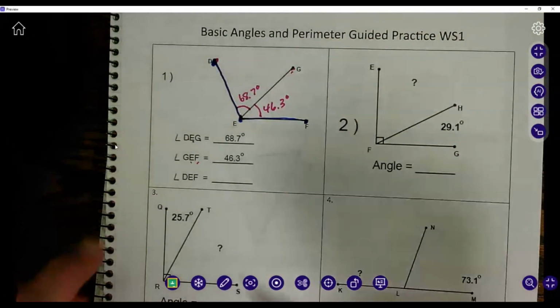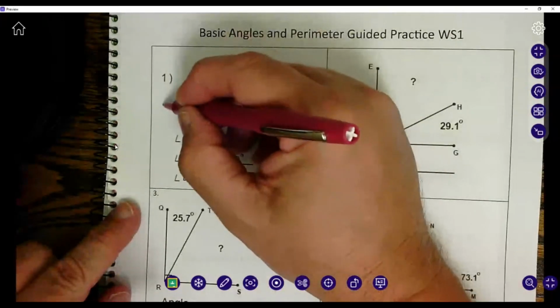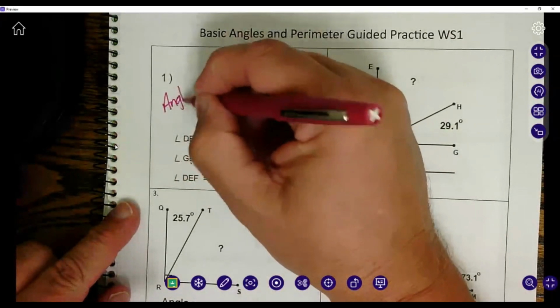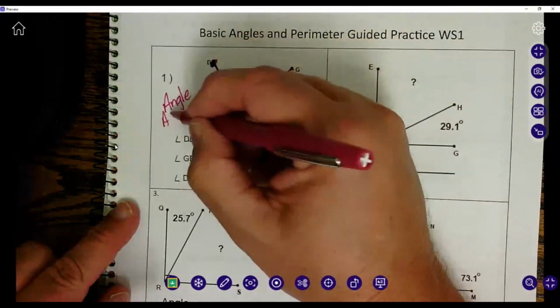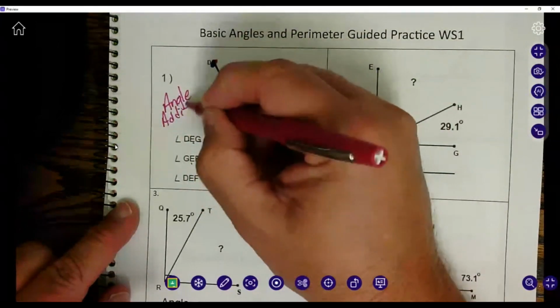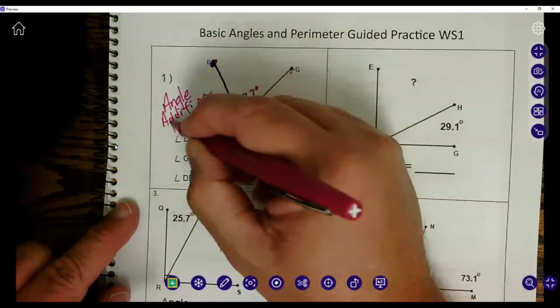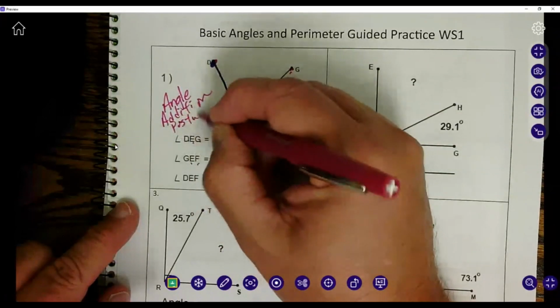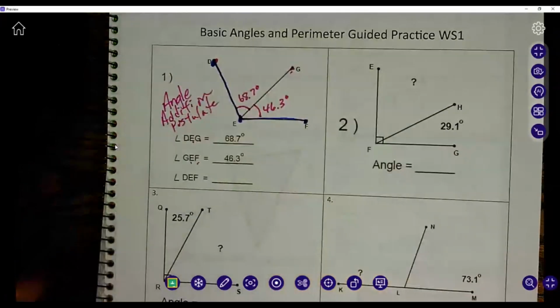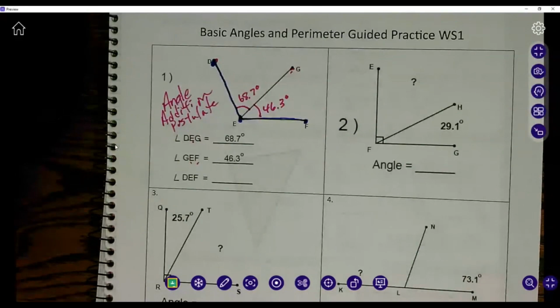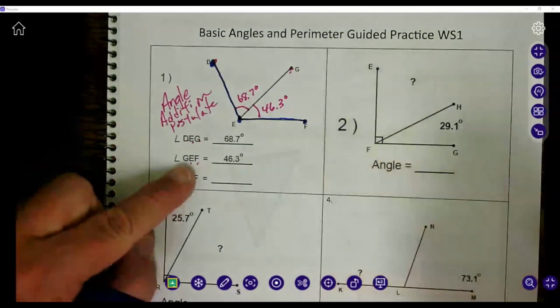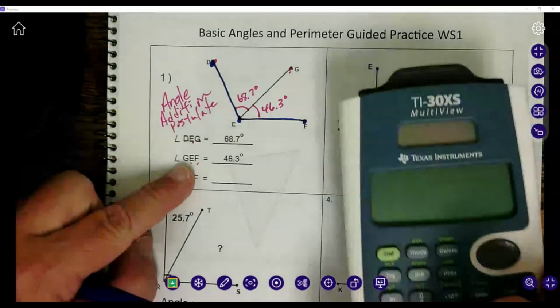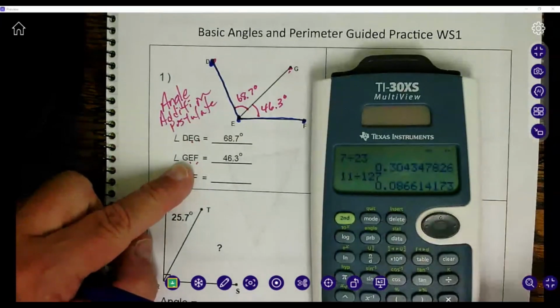Well, in order to do that, we're going to use something, you don't need to really know the name of this, but it is called the angle addition postulate or rule, the angle addition rule. And so in order to calculate that, we're going to have to add those two angles together.